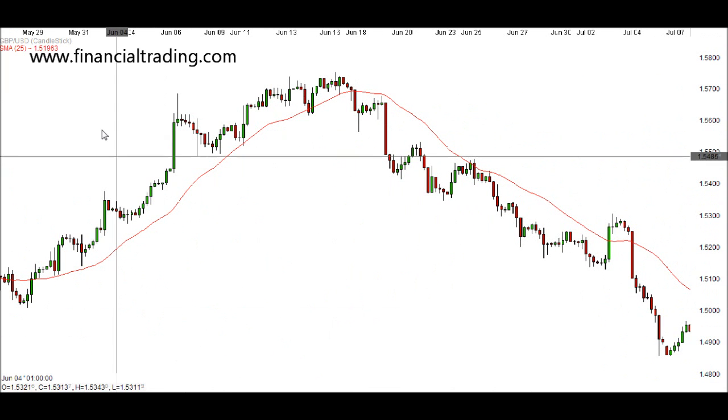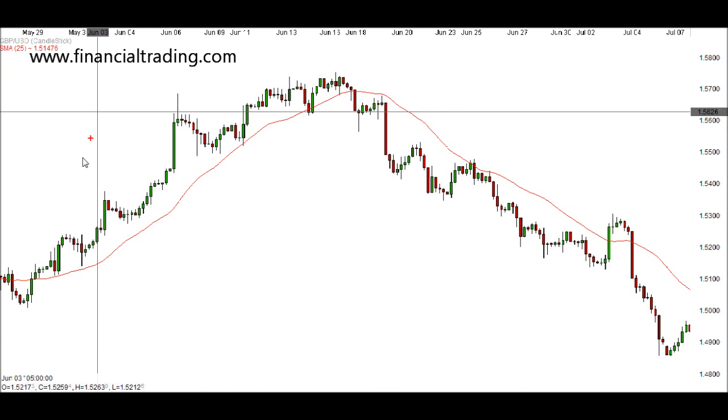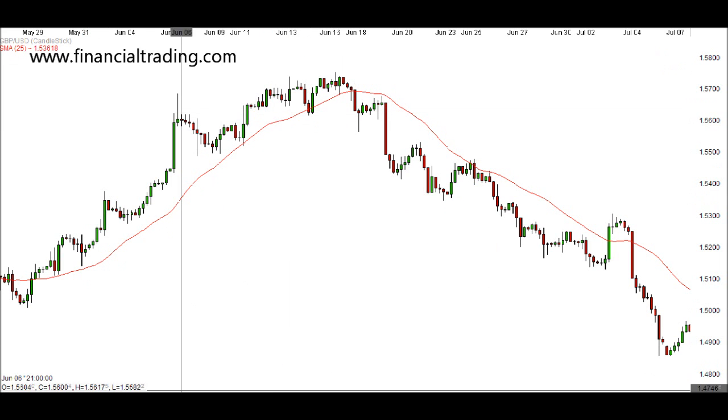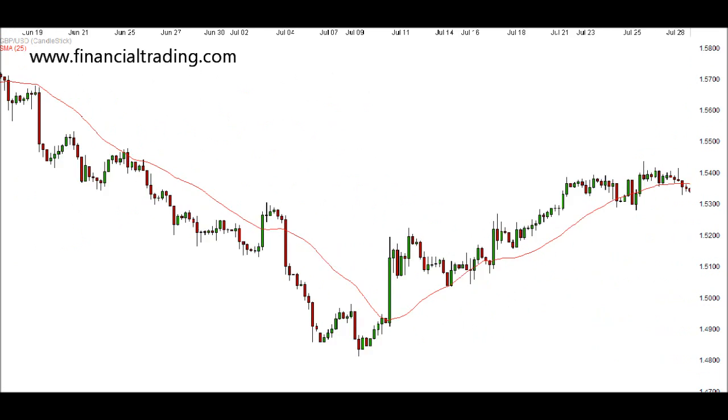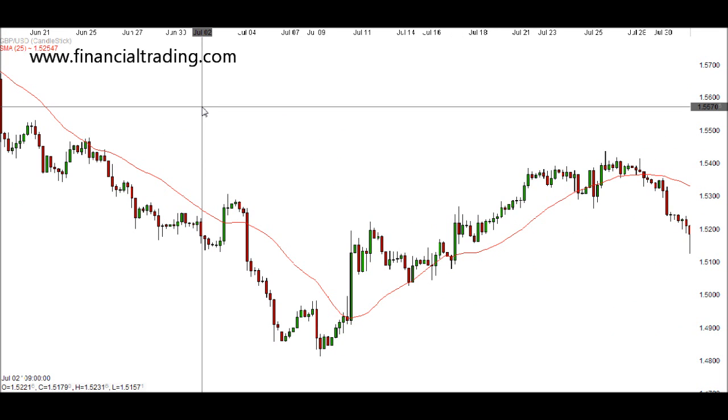Coming to the end of this uptrend, our moving average starts to drop just around here, which is the end of this uptrend. We now have a downtrend. Price is downtrending.